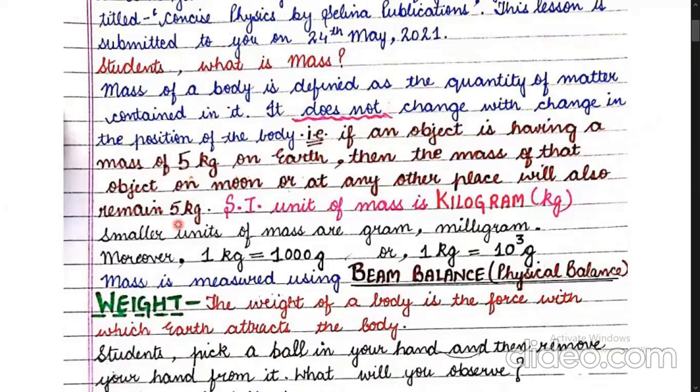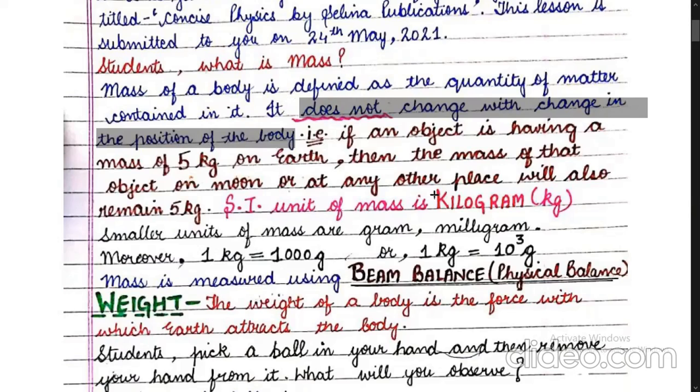So children, what we have learned by now is that the mass of a body does not change with change in position of the body. It remains the same irrespective of where that object moves or where that object is kept.